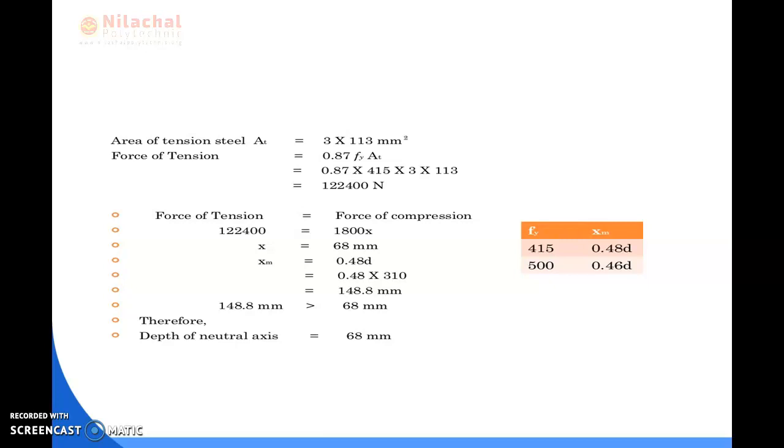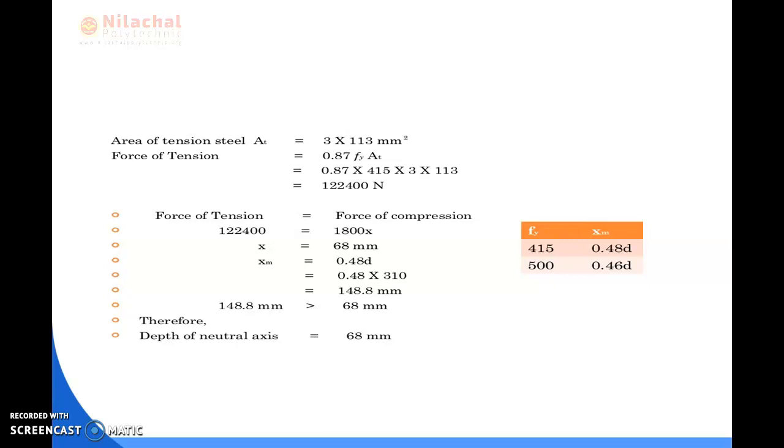The force of tension is 0.87 fy into St, so 0.87 into 415 into 3 into 113, where 113 is the area of one steel bar in the tension zone. The total force is 122,400 Newton.